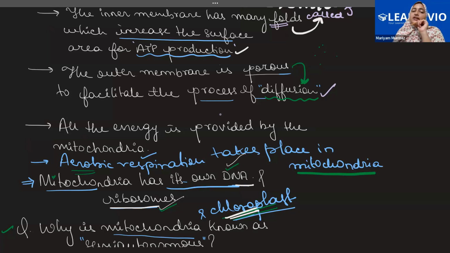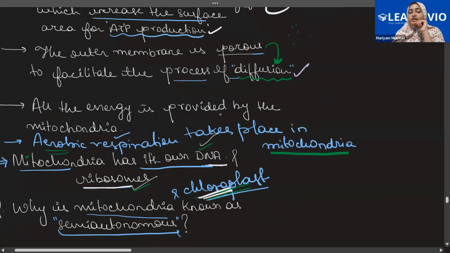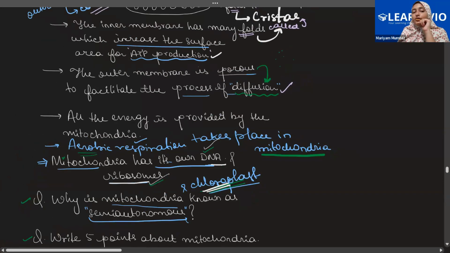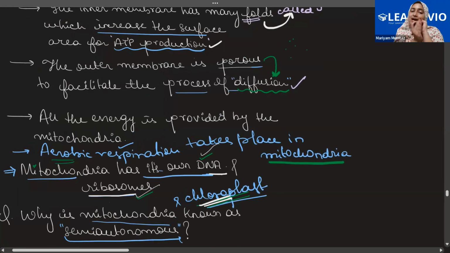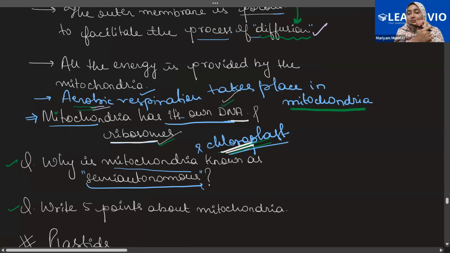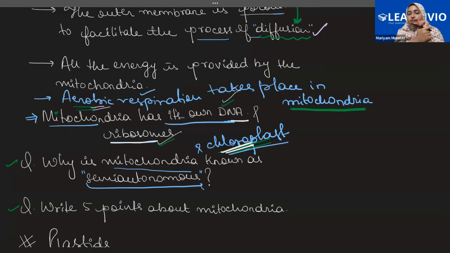Now, all the energy is provided by the mitochondria. Always remember, the mitochondria is the only cell organelle which will give us energy whenever we need. And how does it do that? It does it by ATP synthesis. So whenever we require energy, the mitochondria synthesizes it for us. Another point to remember: aerobic respiration is a kind of respiration that happens in the presence of oxygen.